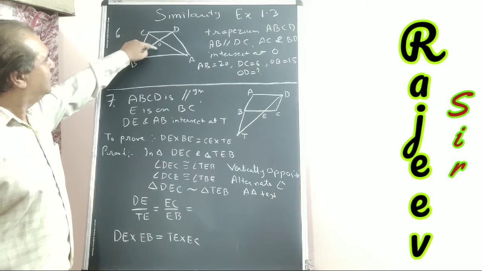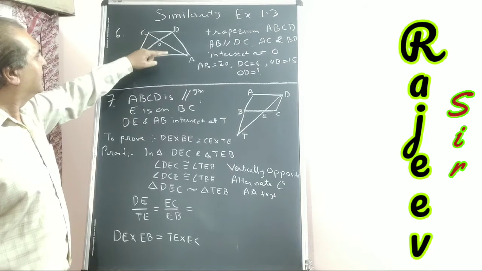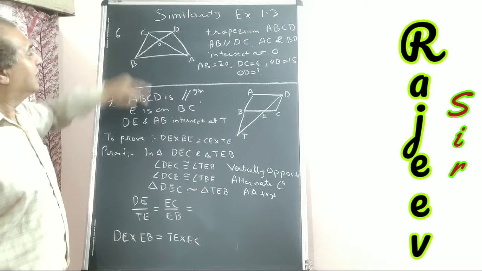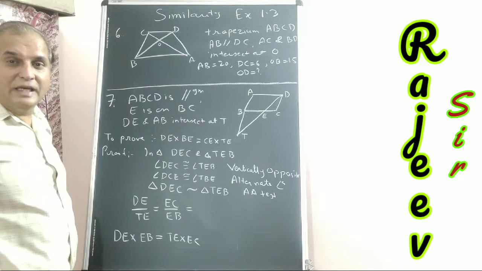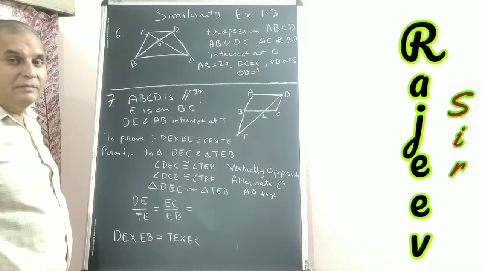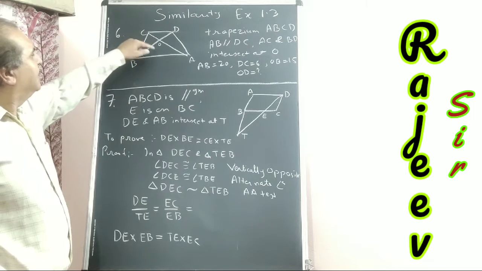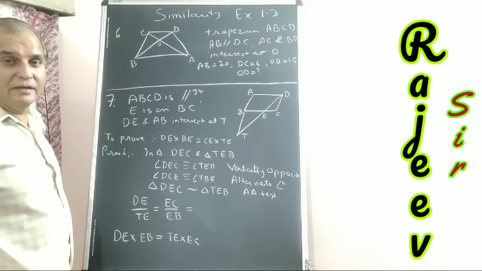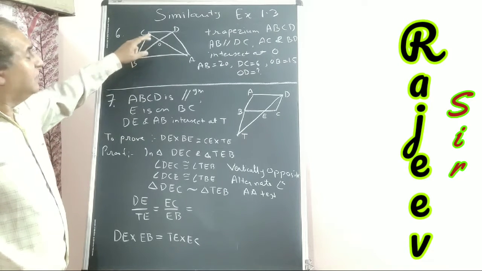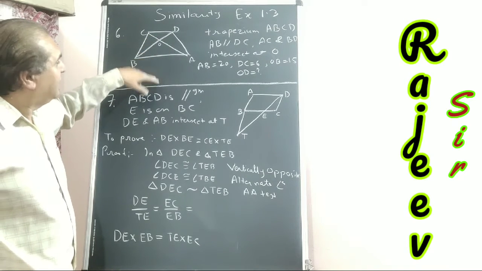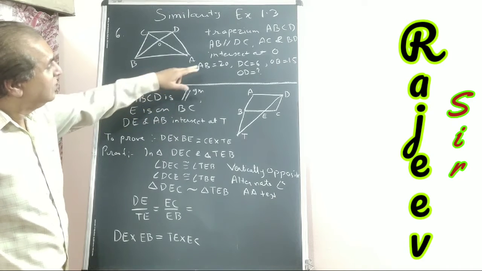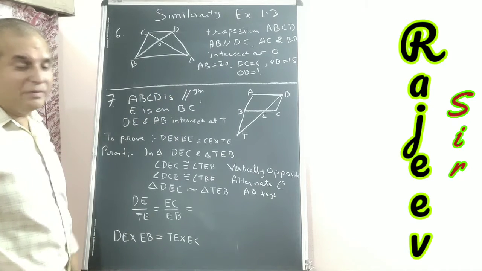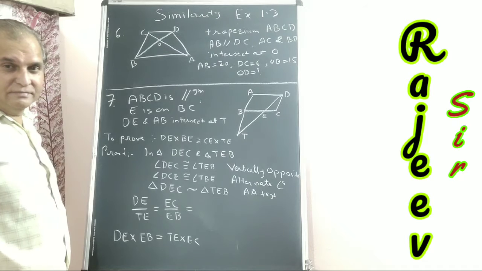You have to prove these two triangles similar. Triangle OAB similar to triangle OCD. Just the same way we proved in sum number 5. See vertically opposite angle, one alternate angle, or you can take both alternate angles. You can prove by AA test that the triangles are similar. Take ratio, put values, cross multiply, you will get the answer.